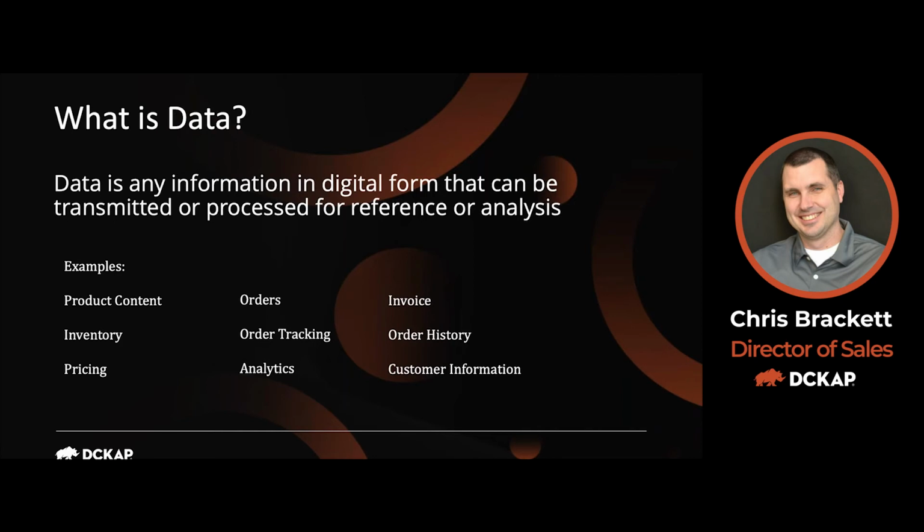They're different forms of data, and they all are incredibly important to us, some more than others. There are tons and tons more out there that I'm sure you can think of as well. Like I said, it's really any data in a digital form that can be transmitted or processed.